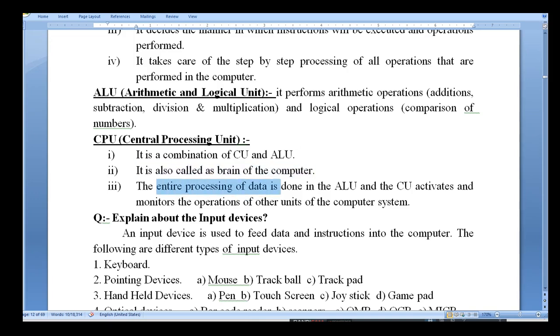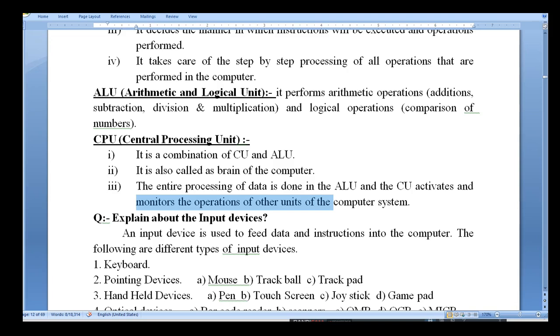The entire processing of the data is done in the ALU, and the CU monitors the operations of all other units of the system and takes care of execution of the instructions in a step-by-step manner. Registers and transistors are all connected on a single circuit. So the CPU is the main brain of the system. Without the CPU there is no computer.